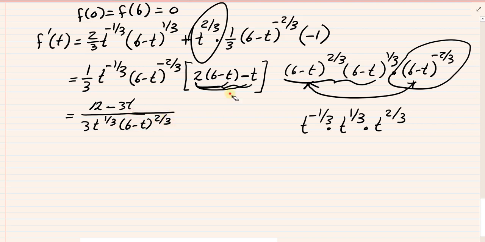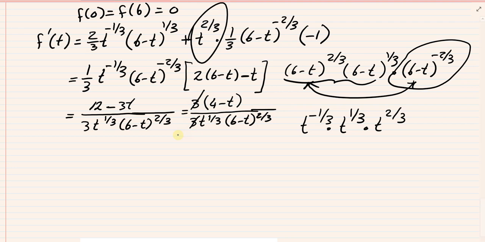I'm rewriting them with positive exponents. Now in the numerator I can factor a 3, so that's going to make this 4 minus t, all over 3 t to 1/3 times (6 minus t) to 2/3. The 3's will cross out, and there you go, that is the derivative.